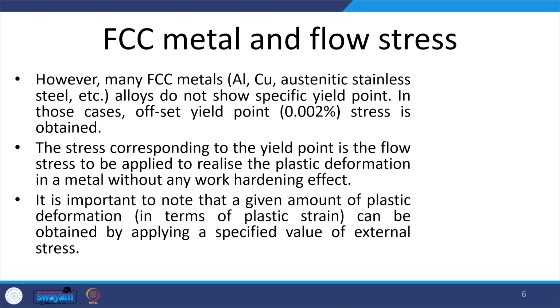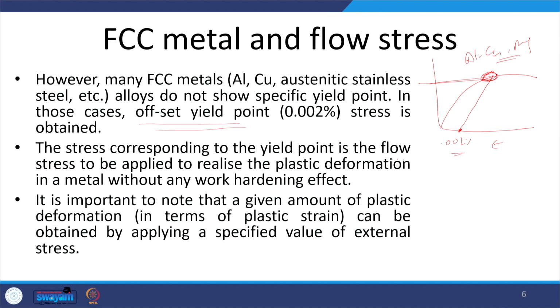For FCC metals, however, many FCC metals like aluminum, copper, and austenitic stainless steels do not show any specific yield point, and in those cases we use the offset yield point. Okay, stress. So, as I have said, if the material is showing a curve like this, then at the point 0.002 of strain, a line is plotted parallel to the elastic line, and wherever it cuts is used as the offset yield point stress, and this is particularly used for aluminum, copper, magnesium and other FCC metals.